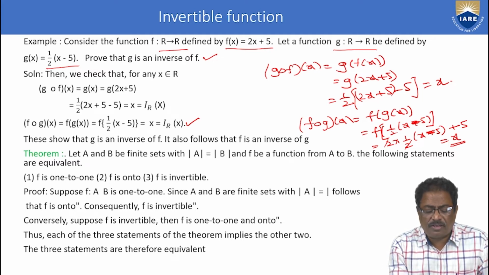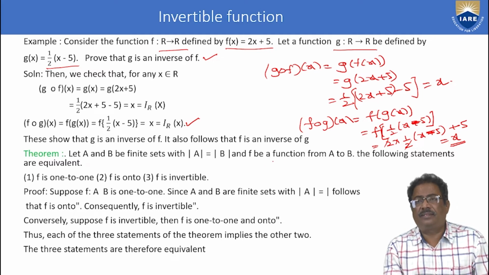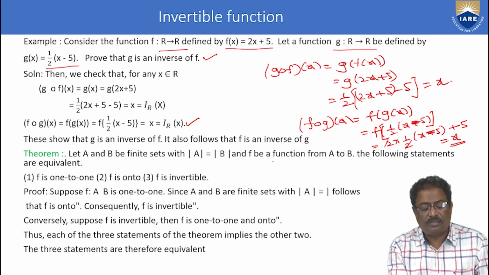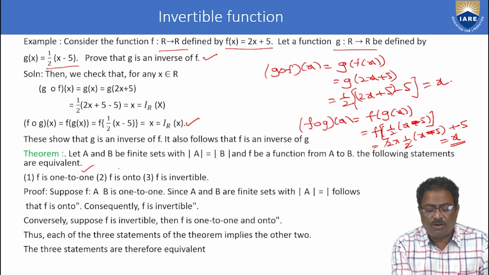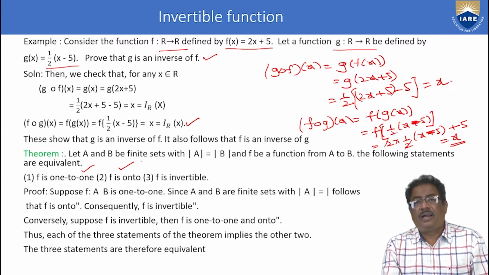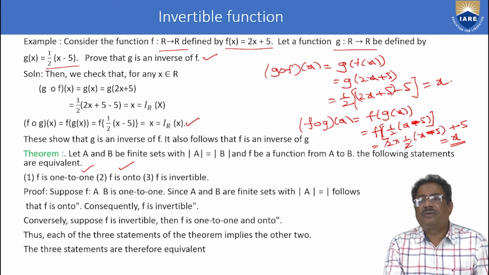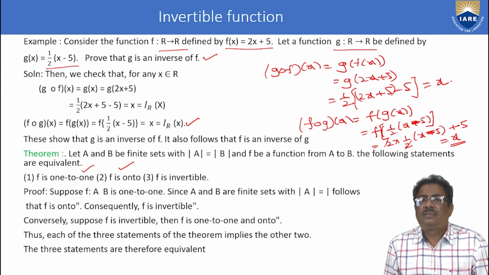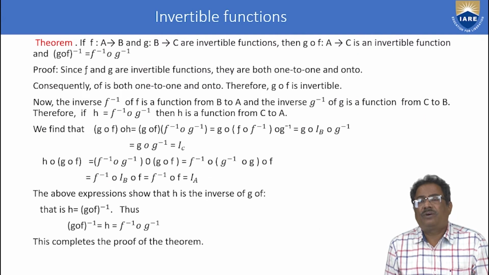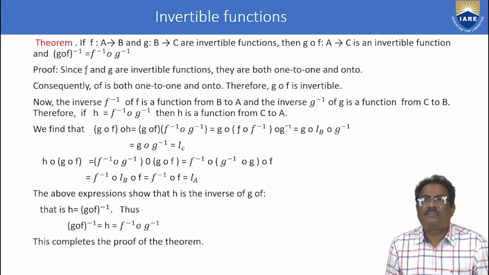Now there is another way we can say that a function is invertible. If the function is one-one and onto, then the function is invertible. As we already discussed, a function is said to be invertible if f is one-one as well as onto.